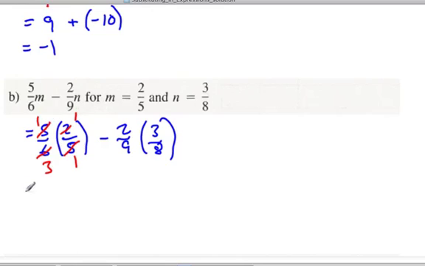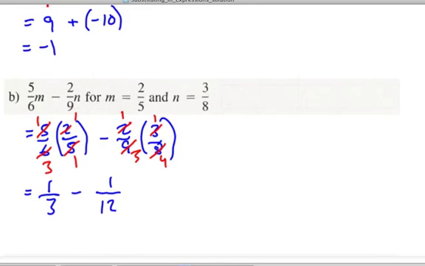This is 1 times 1, which is 1, over 3 times 1, which is 3, minus 3 goes into itself once and into 9 3 times, and 2 goes into itself once and into 8 4 times. So this ends up as minus 1 times 1 is 1 over 3 times 4, which is 12.